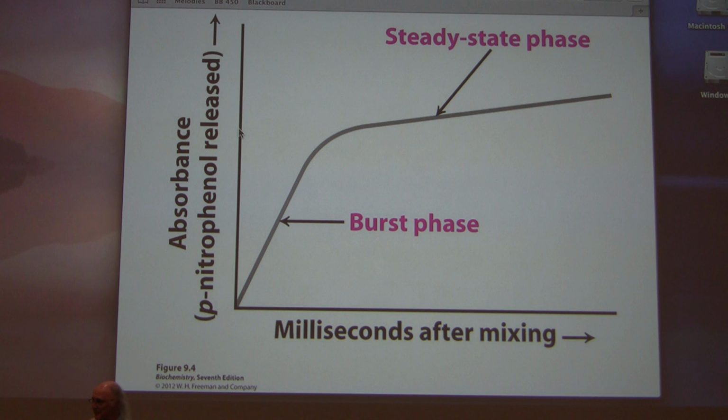Make sense? Yes, question. Garrett. Is it possible to have enough chymotrypsin that it'll be releasing in the second phase while it's starting the first phase? Is that what you're saying? That's, in fact, exactly what's happening right here.